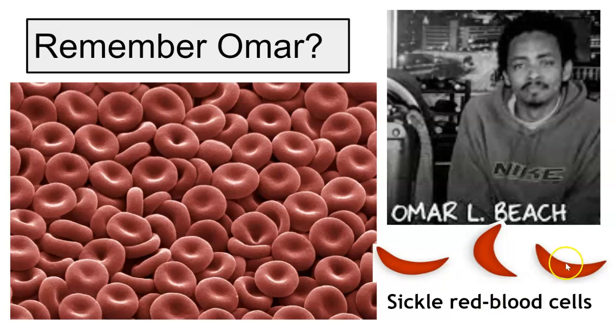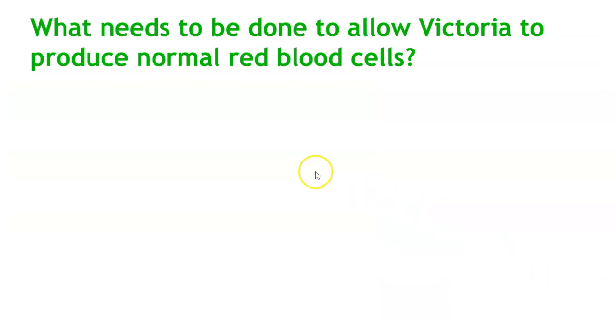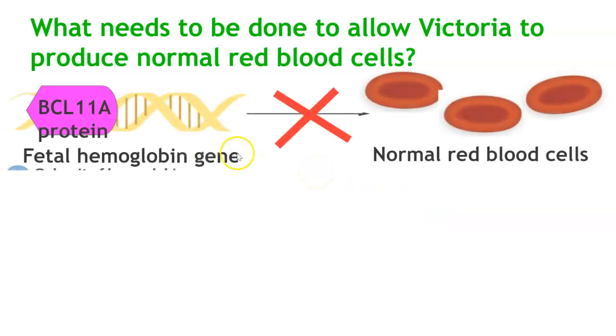Omar, though, if he could go back to this, is got to be way better than having sickle cells. So how do we treat Omar? How do we treat Victoria Gray using CRISPR-Cas9? How do we make that happen? What we need to do is, remember, we got the shutdown. This protein, BCL11A, is locked onto the DNA.